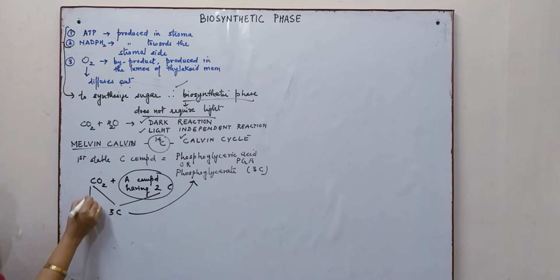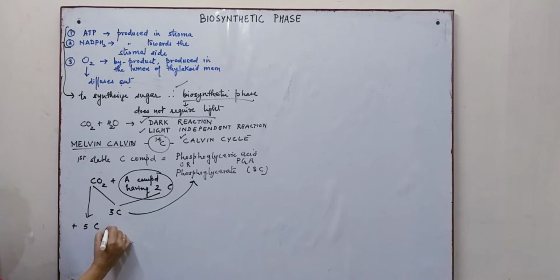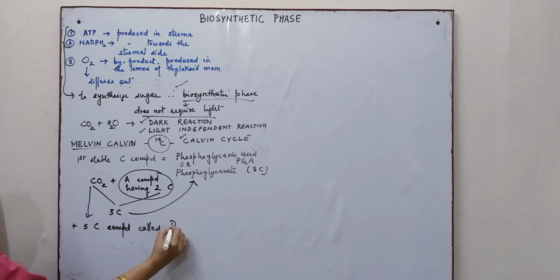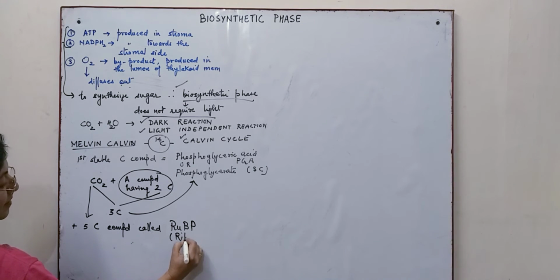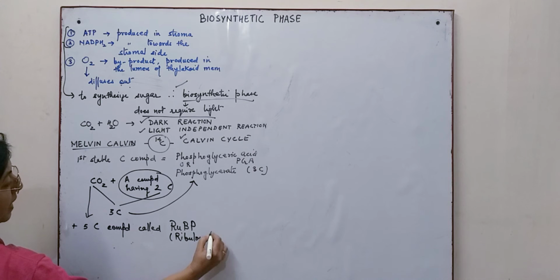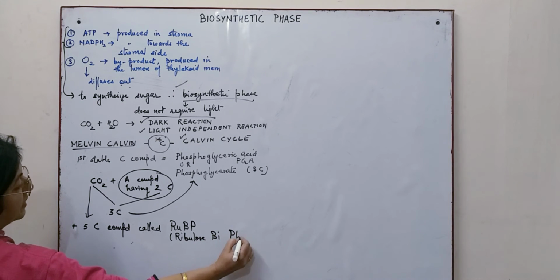So actually the carbon dioxide combines with a five carbon atom compound called RUBP, which is ribulose biphosphate.